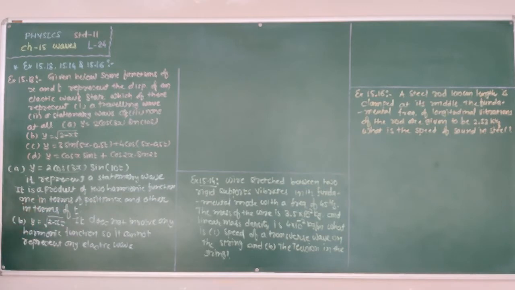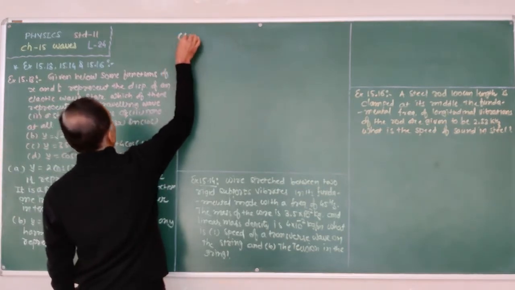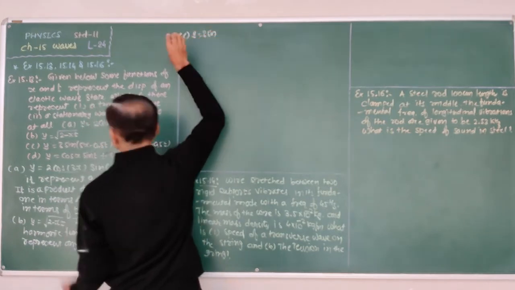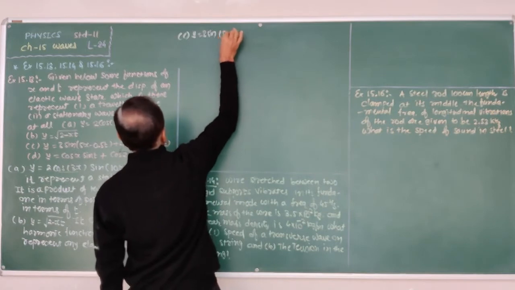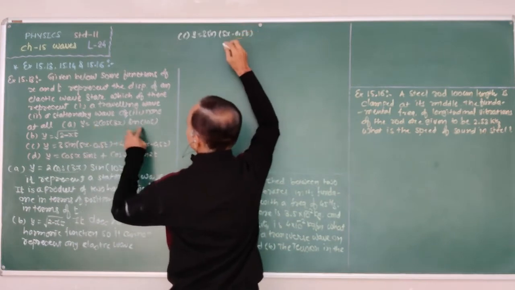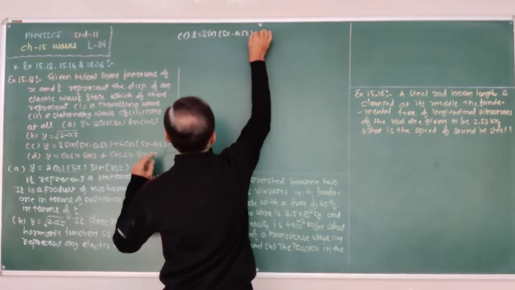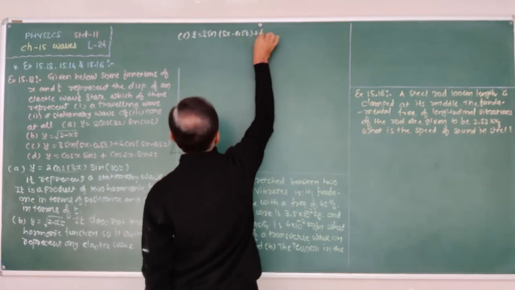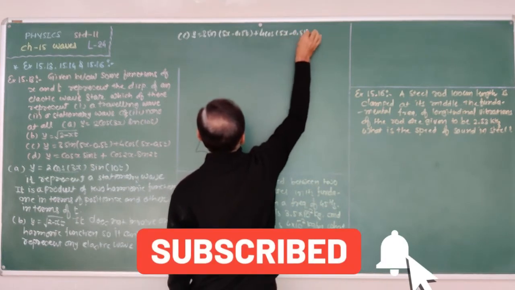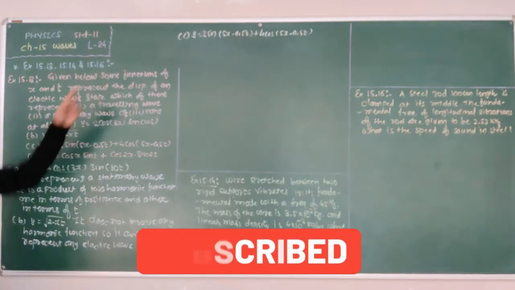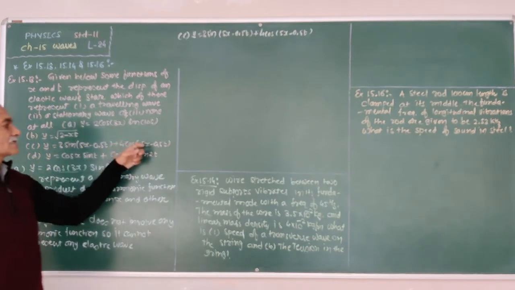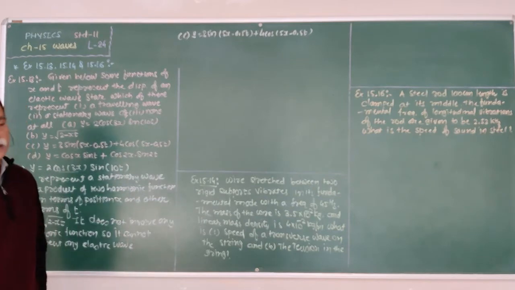Now, third, y is given as y is equal to 3 sine of (0.5x minus 0.5t) plus 4 cos of (0.5x minus 0.5t). Here is our equation. Again we check it: y is equal to 3 sin(πx minus 0.5t) plus 4 cos(πx minus 0.5t).